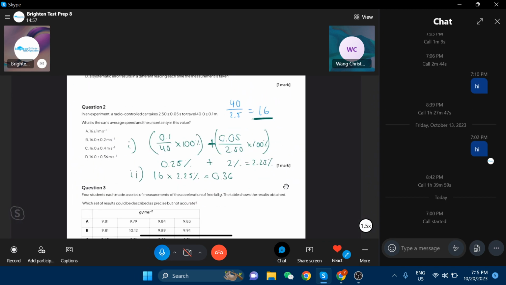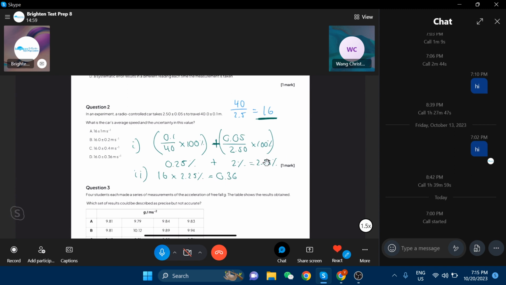Now, what I have not written here is where the significant figures come into play. Actually, I get 16.0 if you are really strict. So what impact does that have on my uncertainty value?